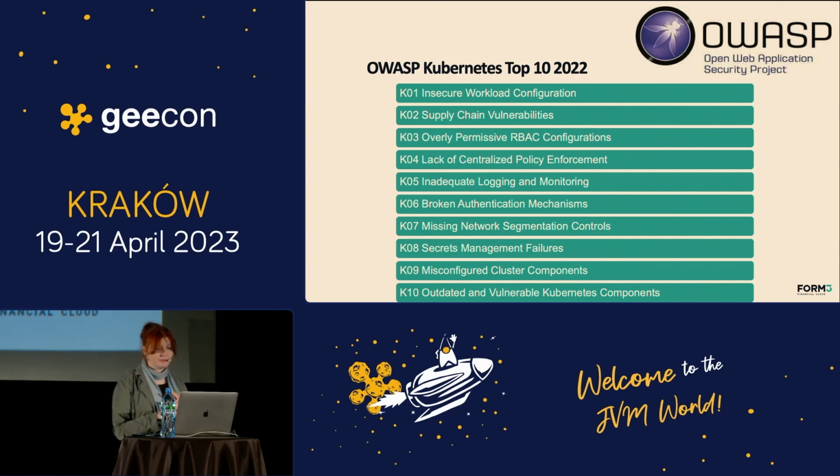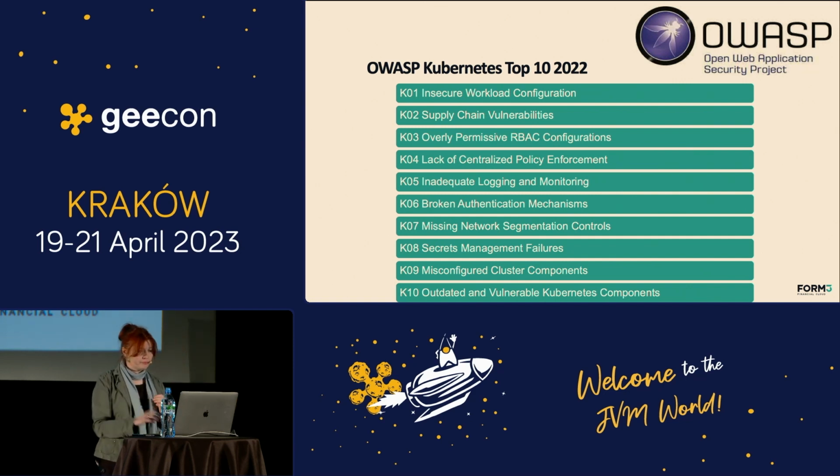Number 1, insecure workload configuration. Basically, watch out for root users, writable file systems, or privileged mode. Number 2, supply chain vulnerabilities. Keep an eye on how you build, package, and distribute your applications.